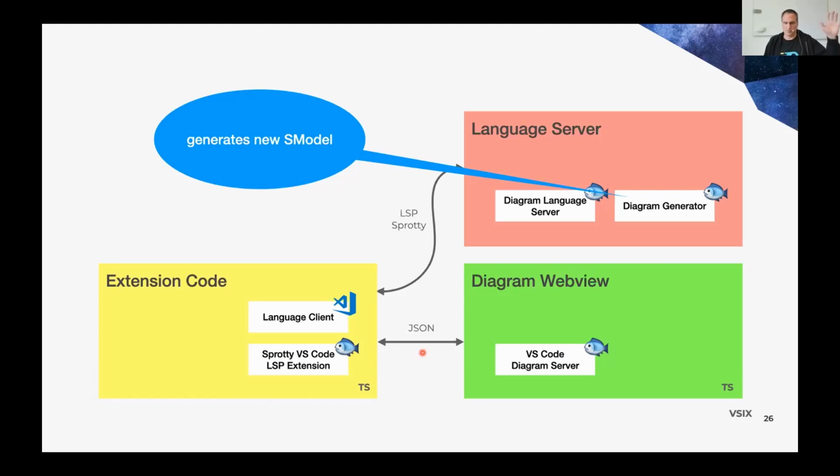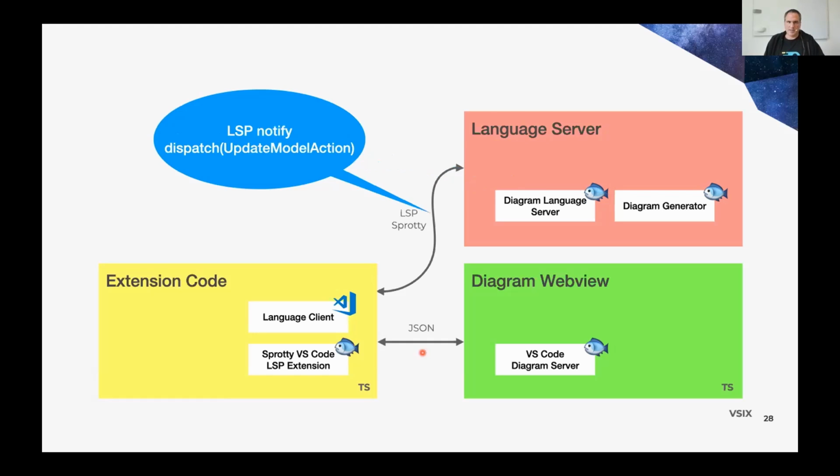So here are the nodes and edges and so on. That one is converted to an update model action, so wrapped into an action by the diagram language server. That one is turned into a notification and sent to the language client using the new dispatch update model action notification that we added to the language server protocol.